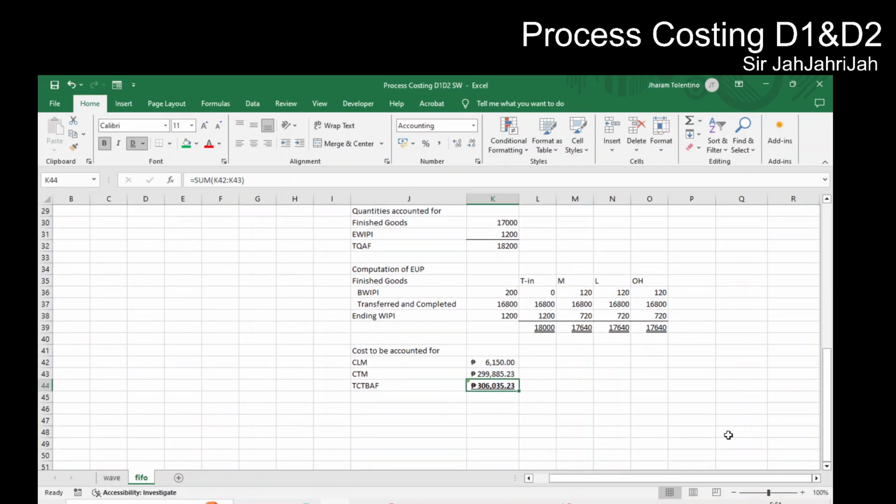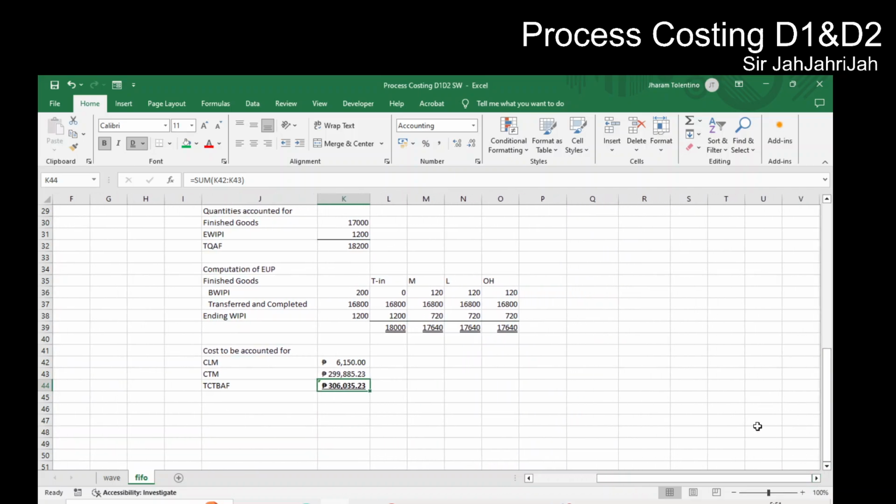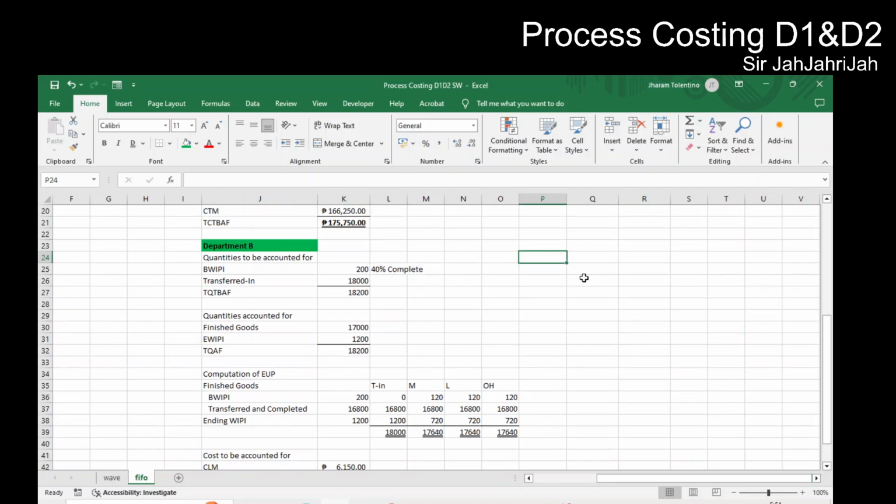Okay, after that, we compute for the unit cost. What I love most about FIFO is we just consider the current. So the computation of unit cost.